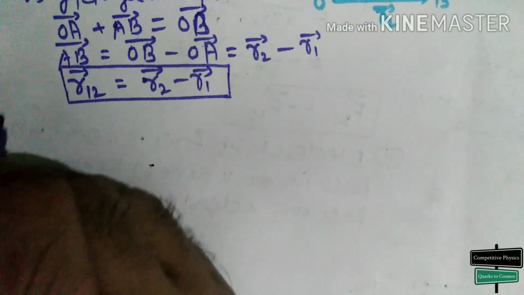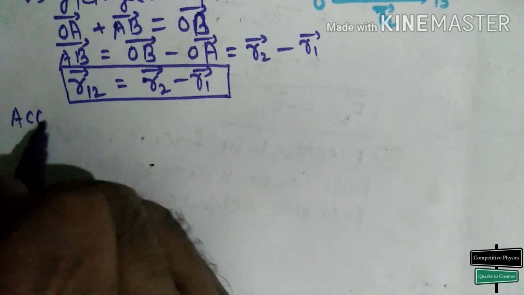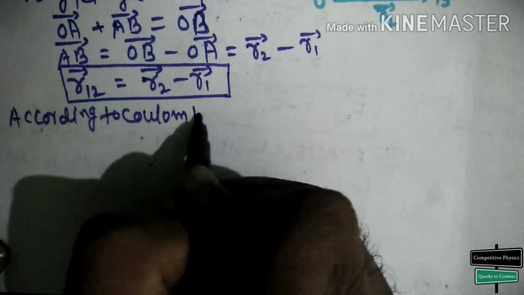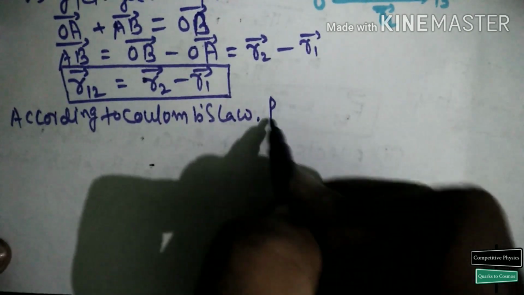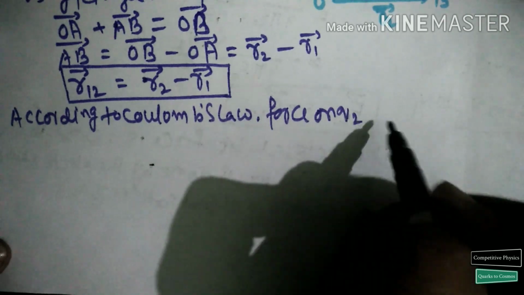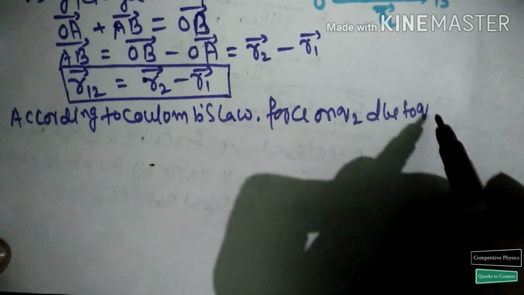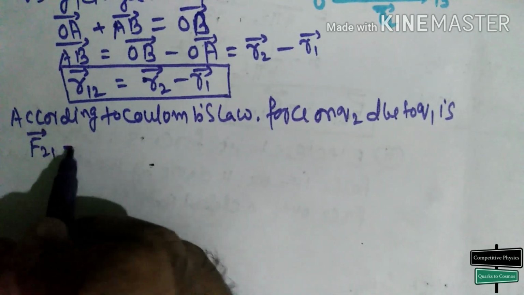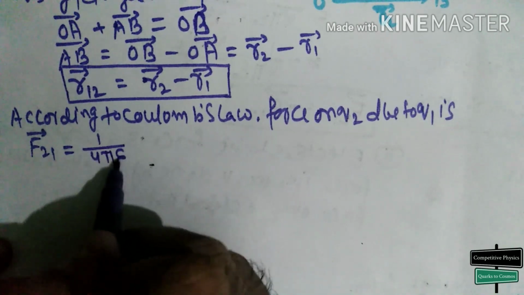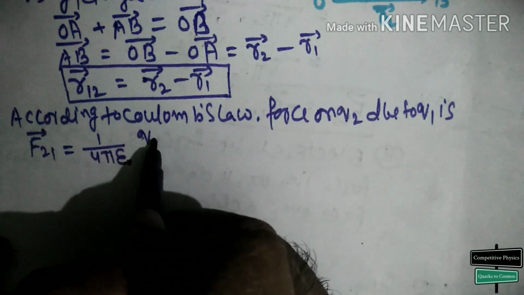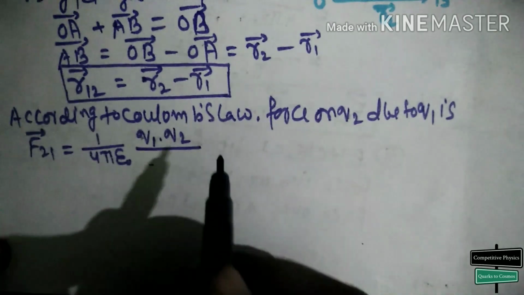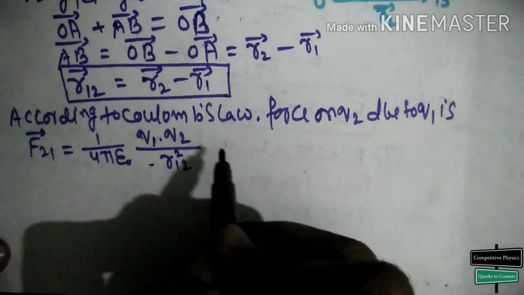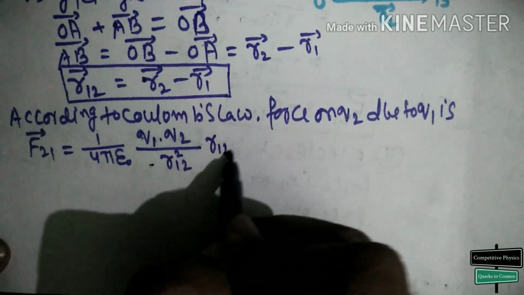Okay. So now, according to Coulomb's law, force on Q2 due to Q1 is F21 equals 1 upon 4 pi epsilon naught Q1 into Q2 upon r12 square and r12 cap.